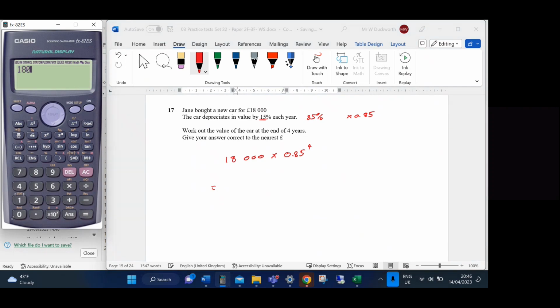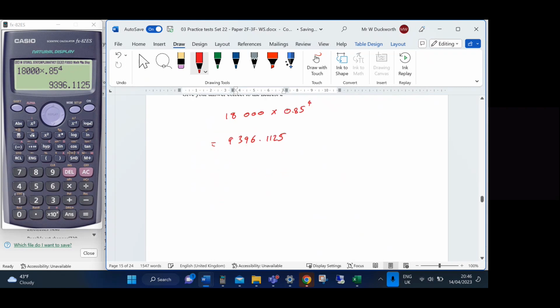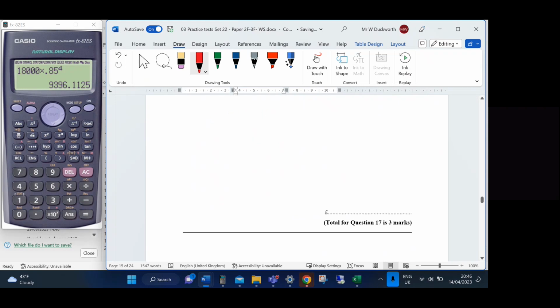I type it in just like that: 18,000 times 0.85 to the power 4. That gives me a value of 9,396.1125. So to the nearest pound, that's going to be 9,396.